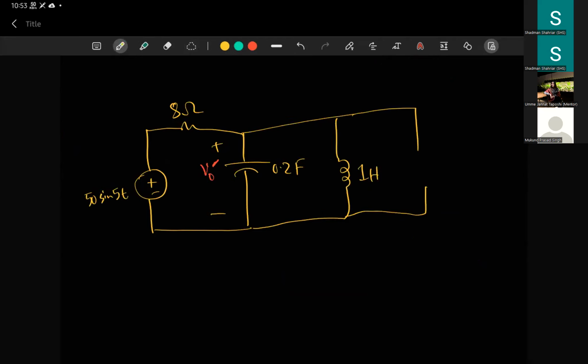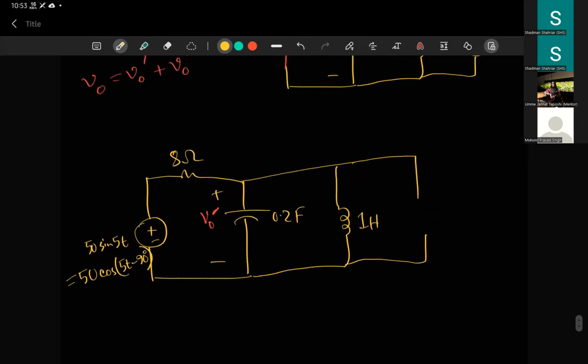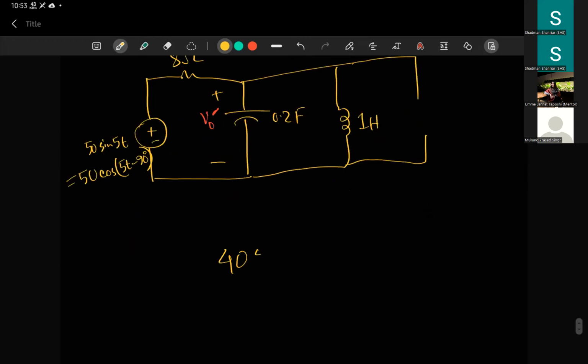So first step, we have to make it cosine. And the way we do this is basically angle minus 90 degree. Just to show you another example, say the value was 4 sine pi t plus 30 degree.